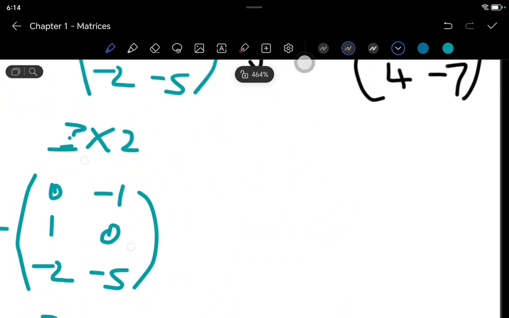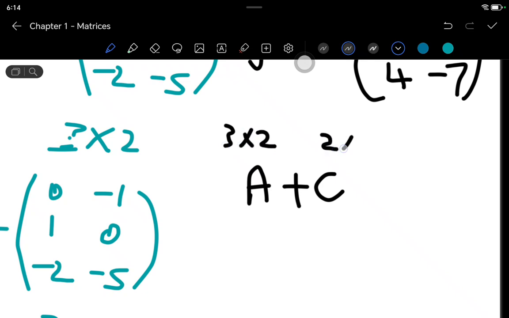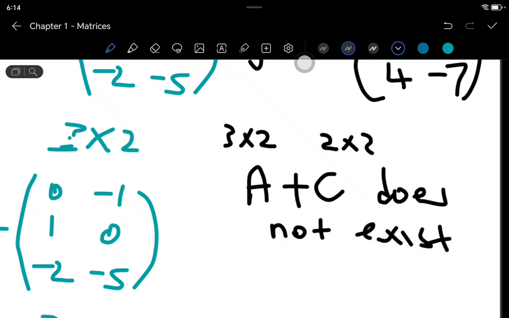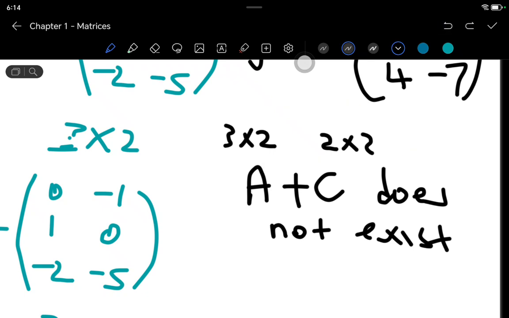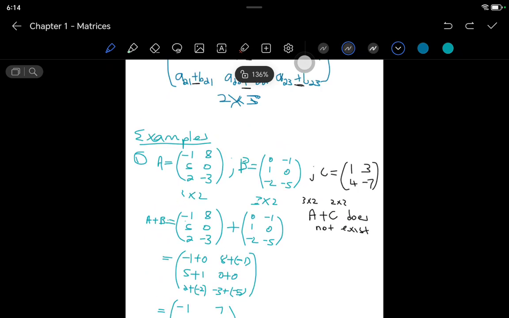If I want to do A plus C, since A is a 3 by 2 matrix and this is a 2 by 2 matrix, A plus C does not exist. We see, right? Since it does not have the same order, we cannot add them, and we also cannot subtract them.